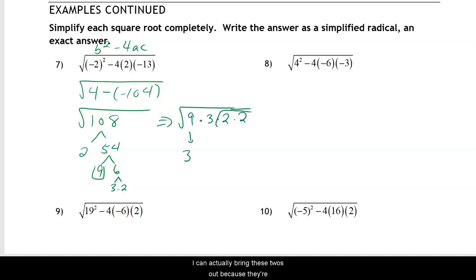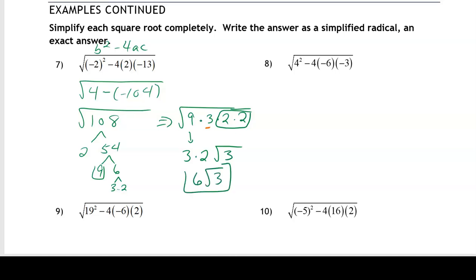I can actually bring these 2's out because they're a pair, and since we're talking about square roots, if I multiply those it would be 4, and the square root of 4 would be 2. The 3, can't do anything with that one. So that 3 is going to stay inside my radical. So then I would end up with 6 square root 3 as my final simplified answer.